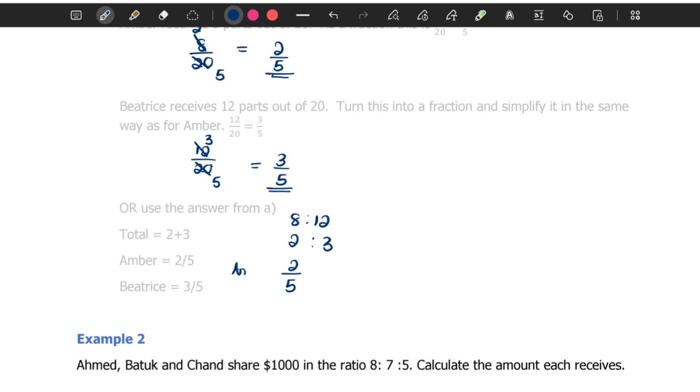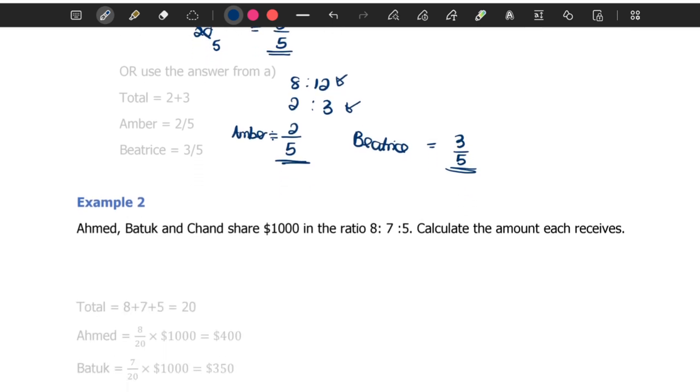So Amber 2/5, and then Beatrice would get 3/5. So that's the same, either in the simplified form or in the original form, we get to the same answer.